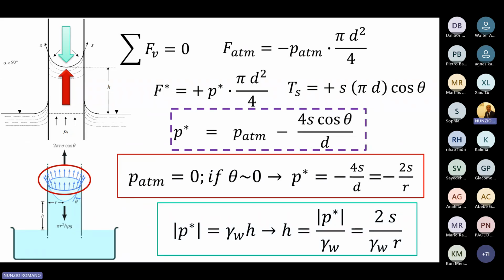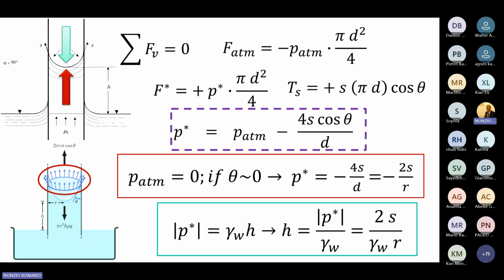And I also introduced the pressure head, so you can transform this pressure into a pressure head if you consider the specific weight of water. The last relationship on this slide gives you the analytical way to compute the capillary rise.